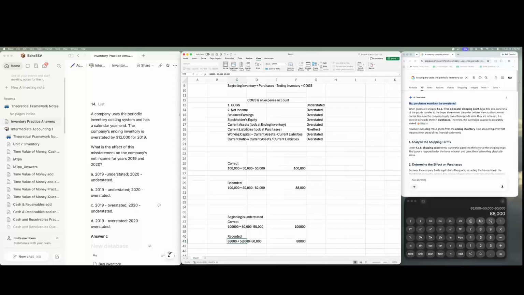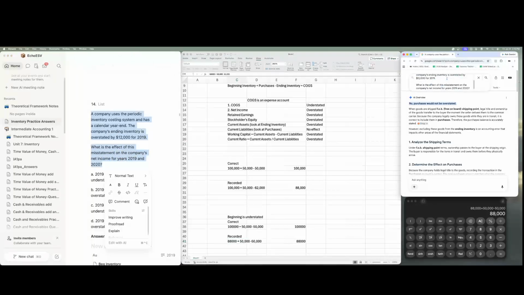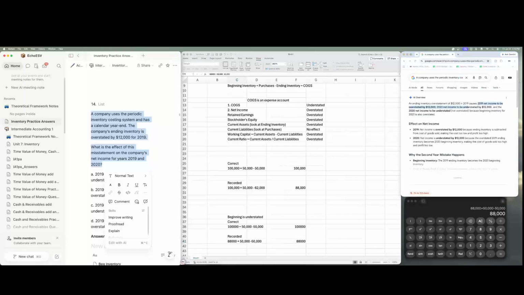Cost of goods sold is understated. Yes. Why would the second year be overstated? Or understated? Right.